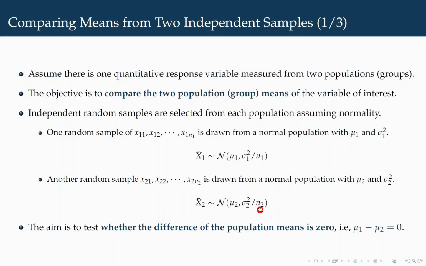Therefore, the interest here is to compare the two means mu1 and mu2, or we are interested in testing whether the difference mu1 minus mu2 is 0 or not. For testing this, we could make some assumptions regarding sigma 1 square and sigma 2 square, which are the variances of the first group and the second group, respectively.